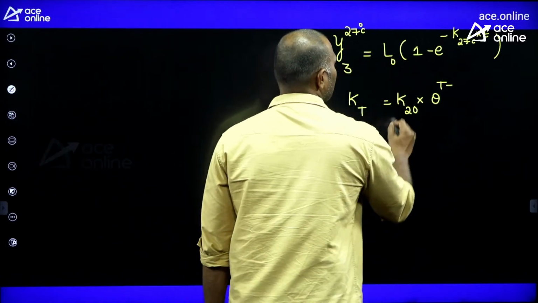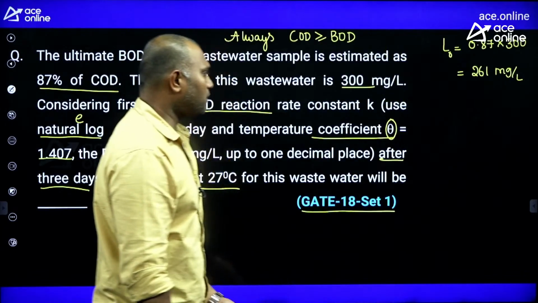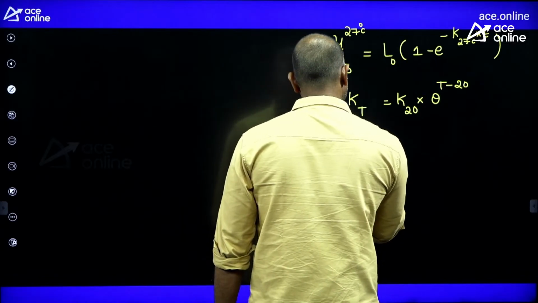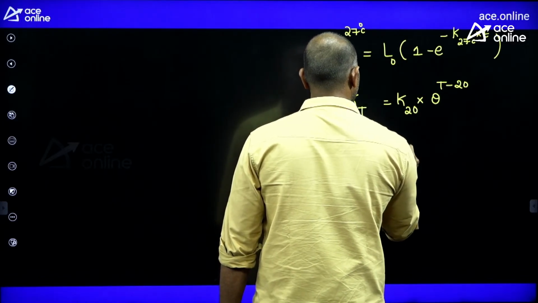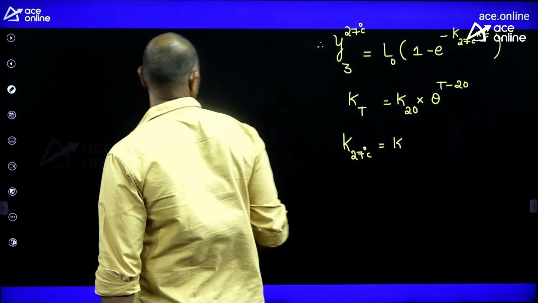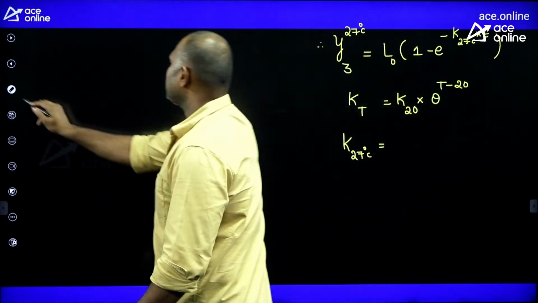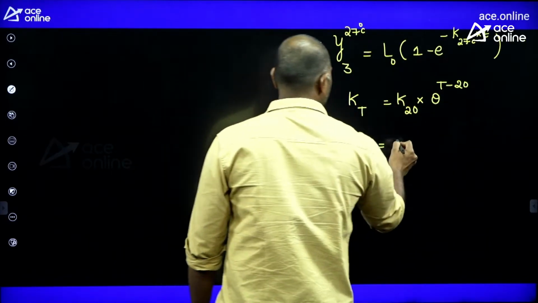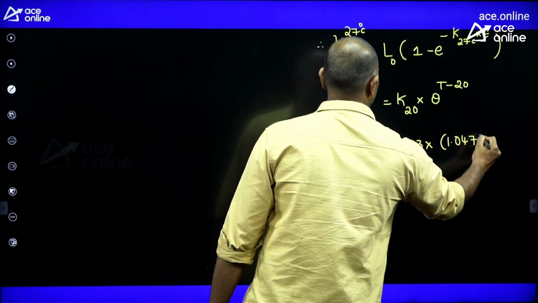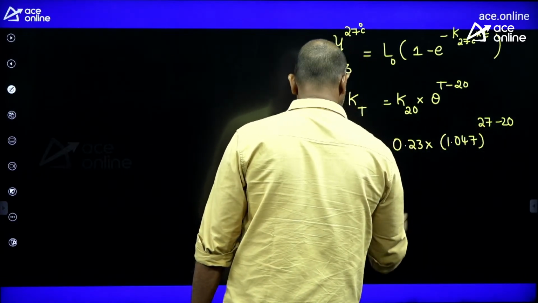Kt is equal to K20 into theta to the power of T minus 20. And they have clearly mentioned the temperature coefficient. So now K27 degrees centigrade is equal to K20. What is the K20 value? That is given as 0.23 per day. 0.23 into 1.047 whole to the power of 27 minus 20. So what is this value?